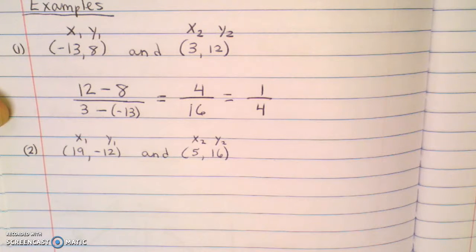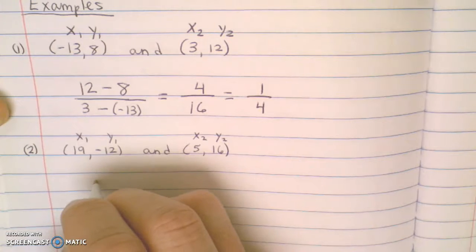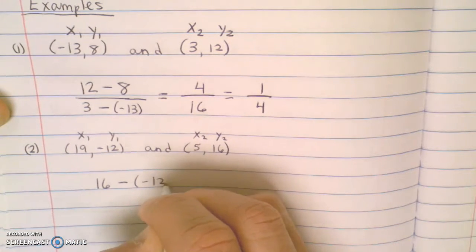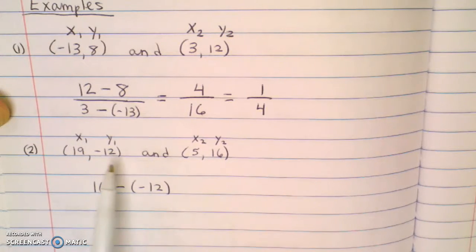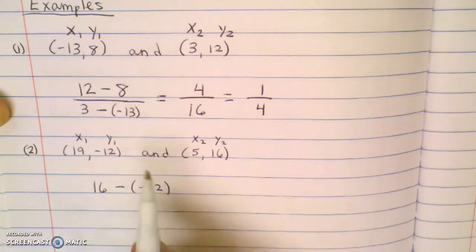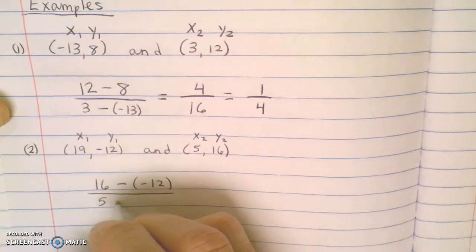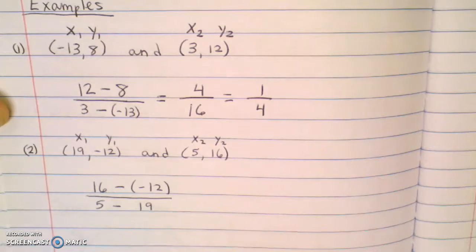And now you take your y values and subtract them. So I'm going to take 16, that's my y sub 2 value, minus negative 12, because I'm subtracting the y values, over 5 minus 19. Again, remember, when you're subtracting a negative, you have to have two minus signs there to represent that.